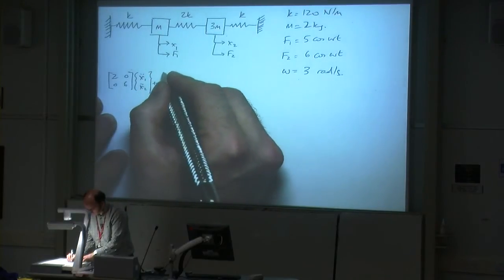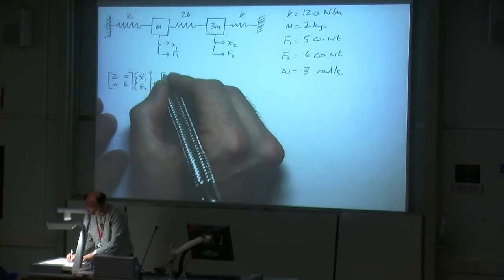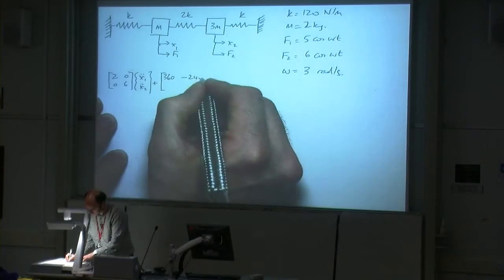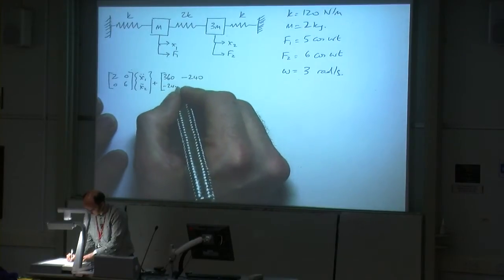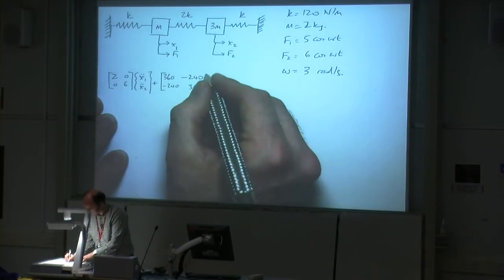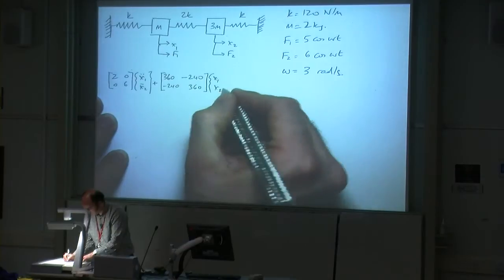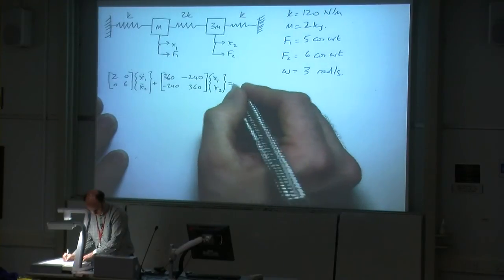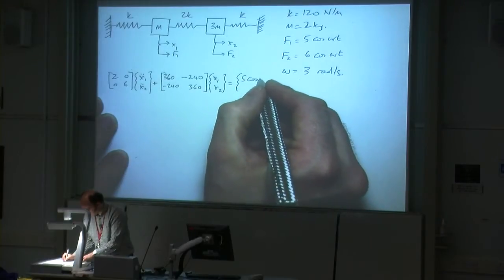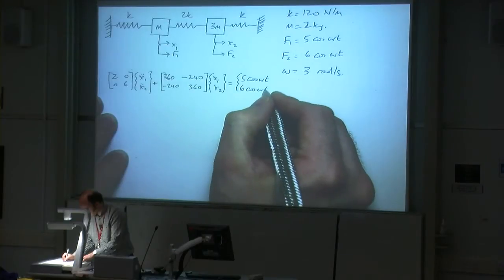In this question there's no damping, so we go straight to the stiffness matrix, which is 360, minus 240, minus 240 and then 360. And that's times our displacements, x1, x2, equals 5 cosine omega t and 6 cosine omega t.